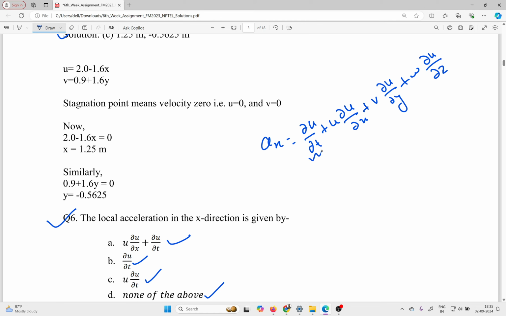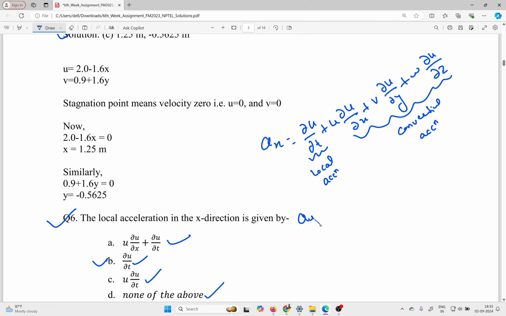This part is known as local acceleration, and this part is known as your convective acceleration. Here I am talking about local acceleration in x direction, so option B will be correct because this question is asking about only the local acceleration.